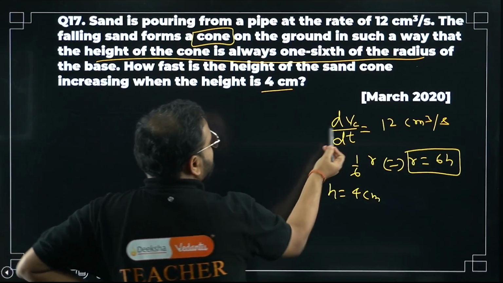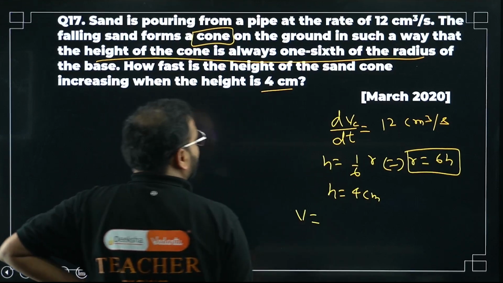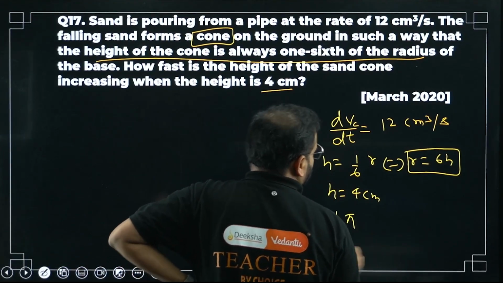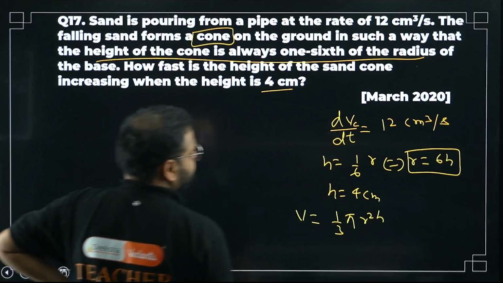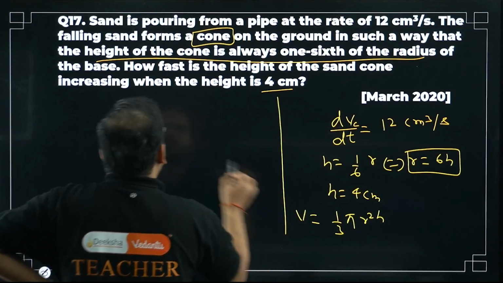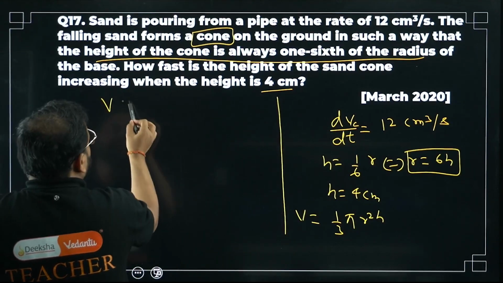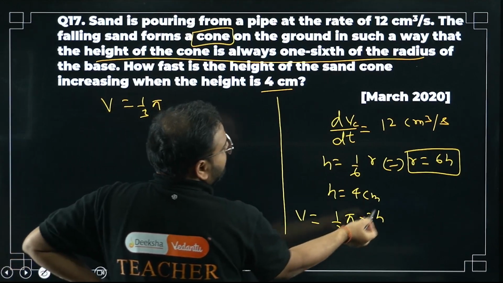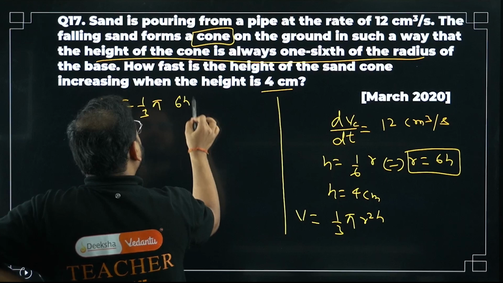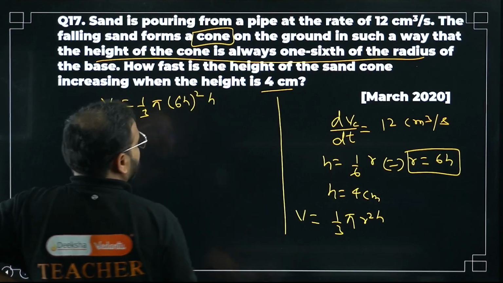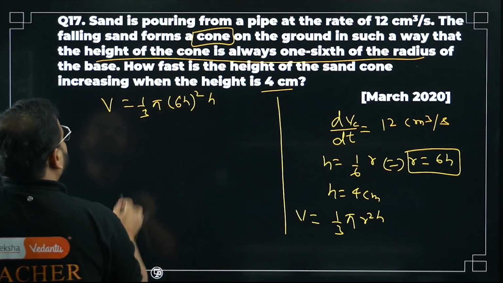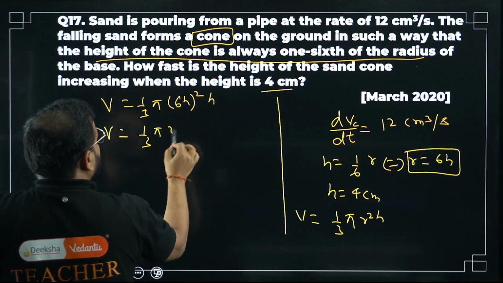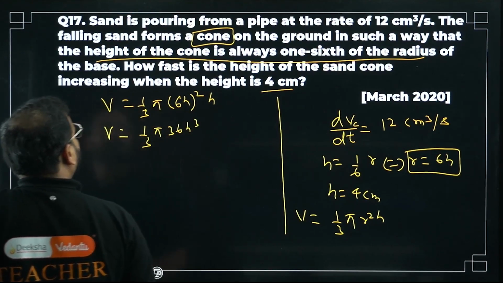Can we take the derivative of this? Let's find the volume first. What is the volume of a cone? 1 by 3 pi r square h. Write the values that we have. V equals 1 by 3 pi h times r square, and r is 6h, so 6h square times h. So 1 by 3 pi 36 h cube.